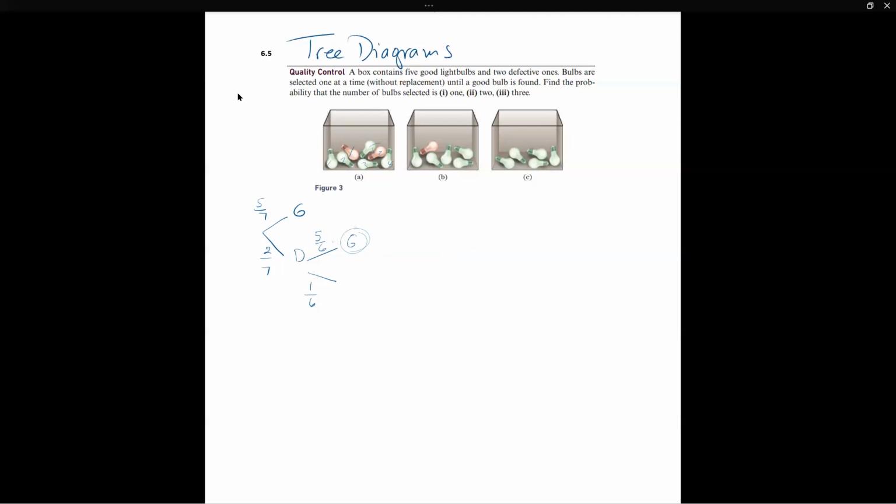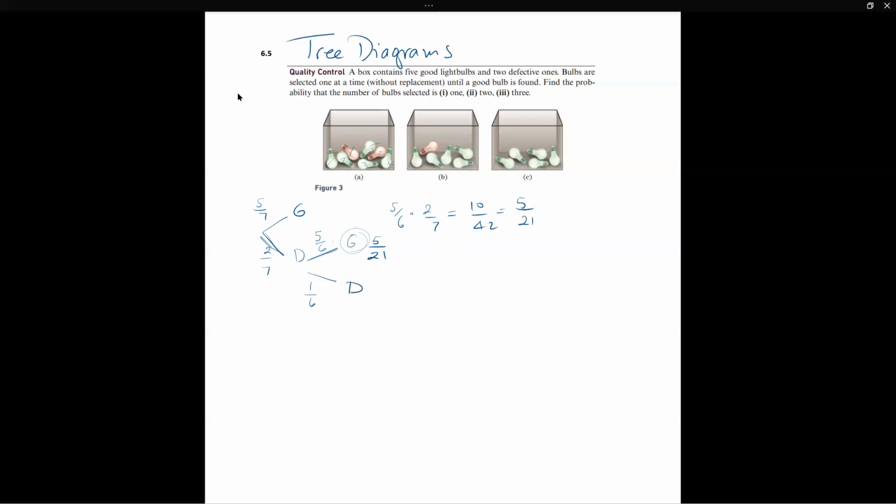To get there, you need 2/7 and 5/6. So if we do 5/6 times 2/7, we get 10/42, reduced to 5/21. So the probability of this outcome is 5 over 21.